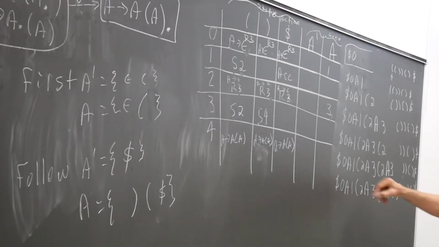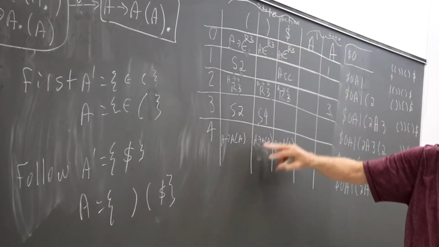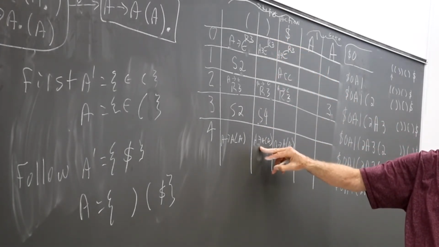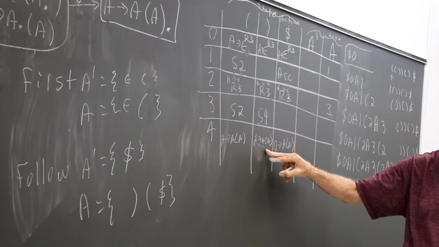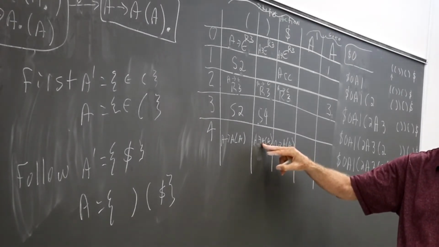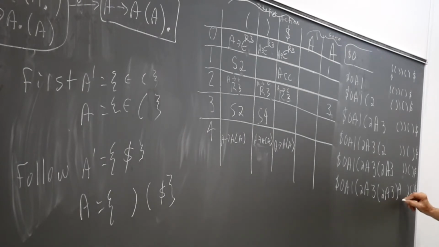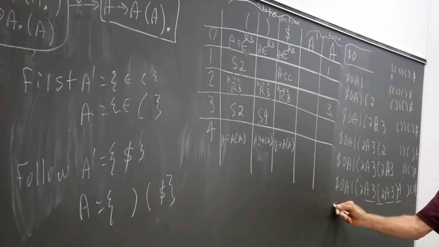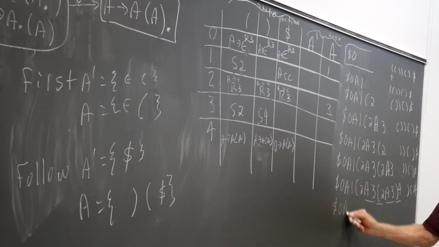4 right paren. Reduce all this stuff. So I got a right paren, an A, a left paren, and an A. So that gets me $0 A1 paren 2.